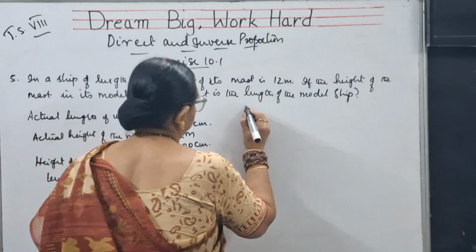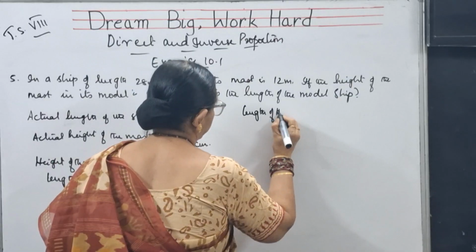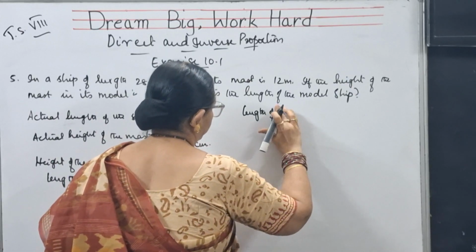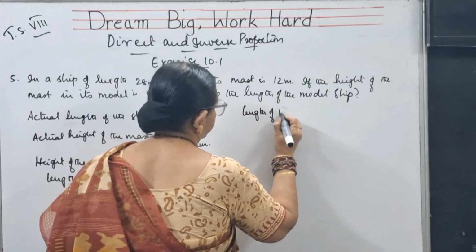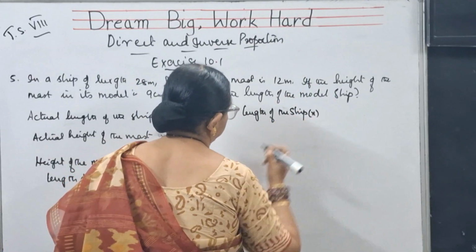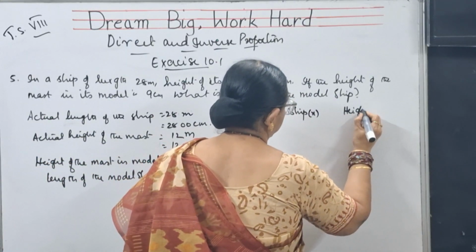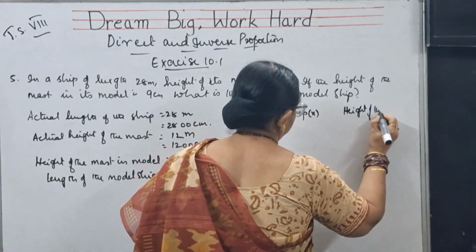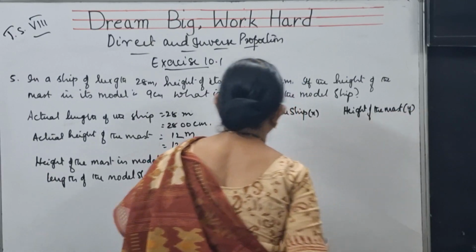So I'll write it here. Length of the ship is taken as x, and height of the mast is y.